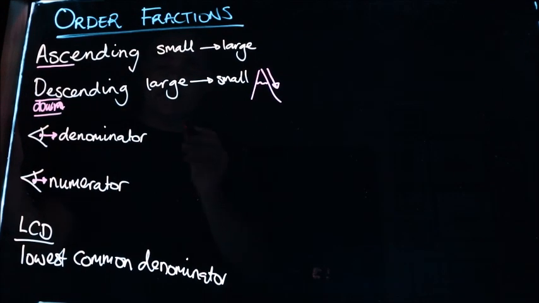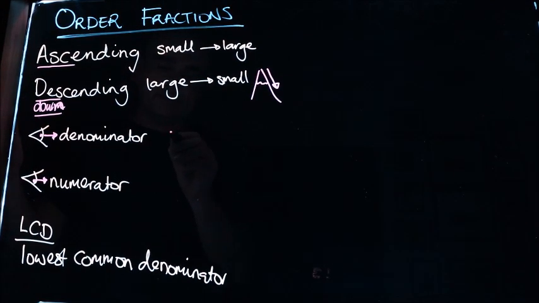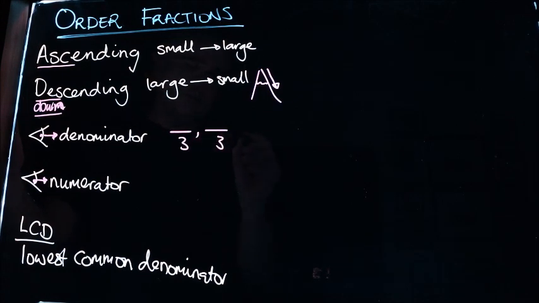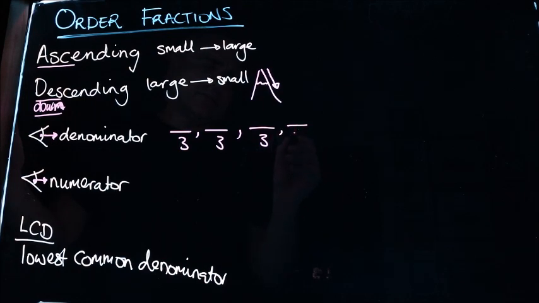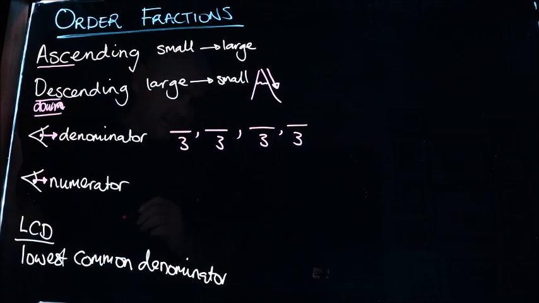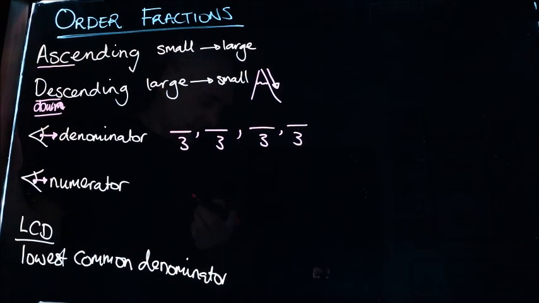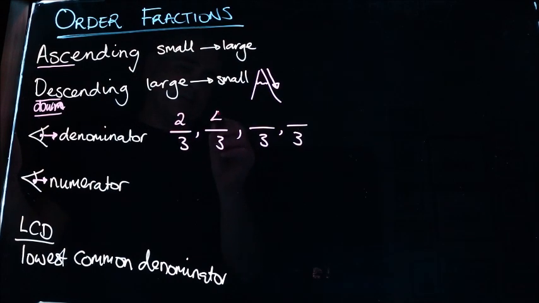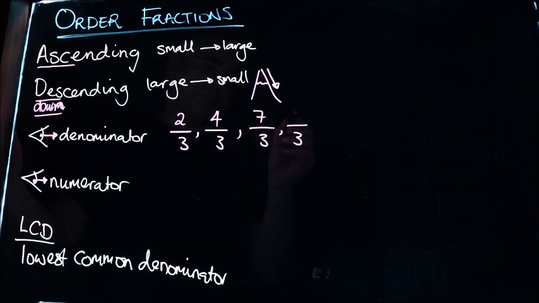Now, one of those things that's really helpful when we are asked to do these things, if the denominator is the same, so I'll fill in the numerator in a moment, but you're looking at a list of fractions and the denominator is 3, for example. Okay, that's helpful because all the action now is just up on the numerator, and I don't know, I'm making these numbers up as I go.